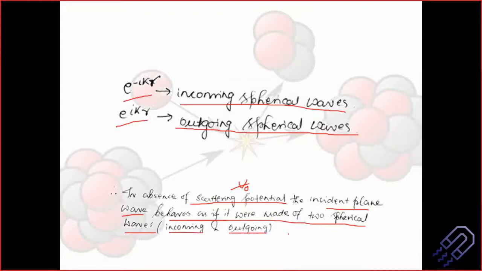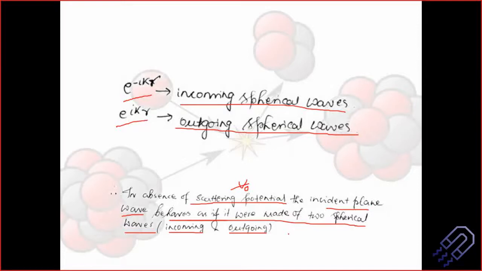So the incoming wave and the outgoing wave are a part of the same plane wave. That plane wave can be divided into an incoming part and an outgoing part.